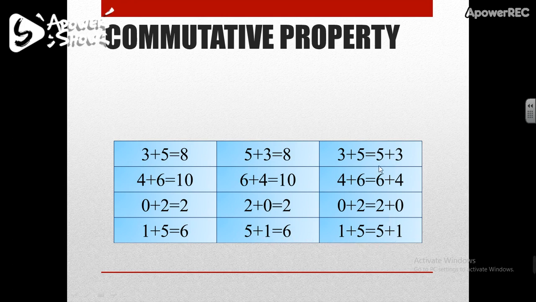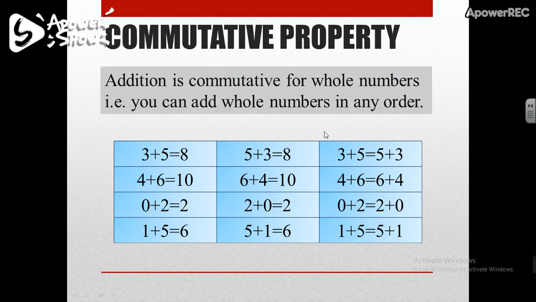So here I am getting that we can add whole numbers in any order. Either you add 5 with 3 or you add 3 with 5, the result which you get will always remain the same. So commutative property for addition states that addition is commutative for whole numbers.